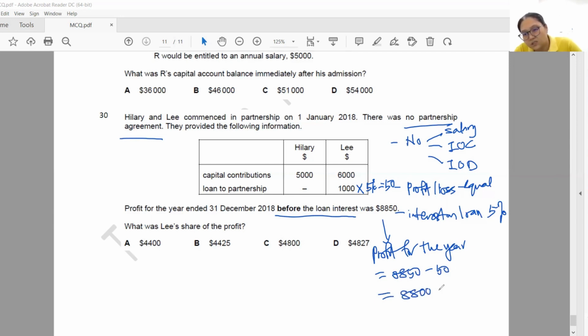This is also equal to the share of profit, because there is no salary, no interest on capital, and no interest on drawing. This amount will be shared equally when there is no partnership agreement, so you divide by 2 and get 4,400.